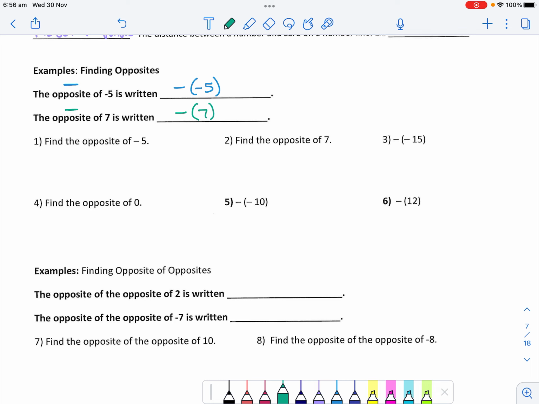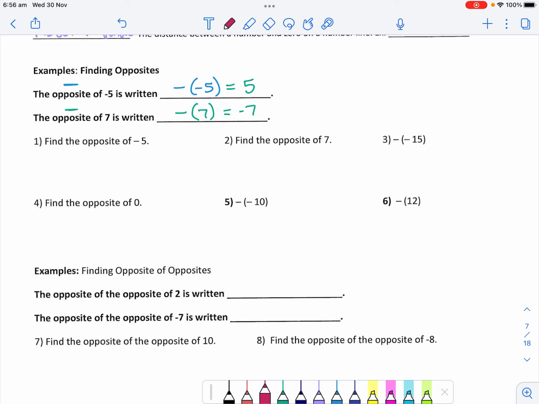Now, when I say the opposite of a negative number, that is going to come out positive. The opposite of -5 is +5. The opposite of +7 is -7. So now we're going to evaluate a bunch of these opposite questions.